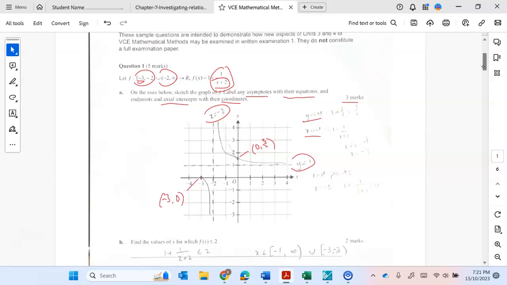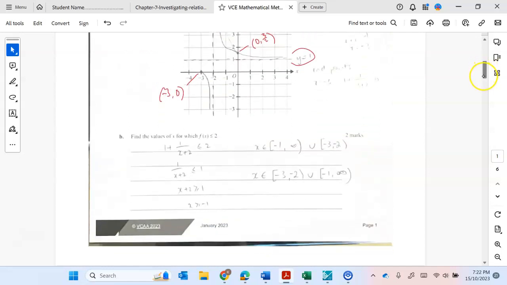Just make sure that you do that, because to me, these types of graphs to sketch are an easy 3 marks. You should know the shape of a hyperbola. You should be able to put your x and y asymptotes in, and also calculate your x-intercept and your y-intercept. Is there anything else I wanted to say about that? I don't think so. Let's move on.